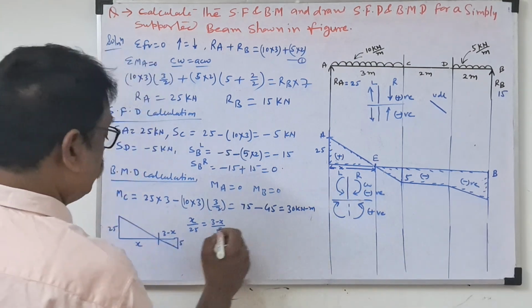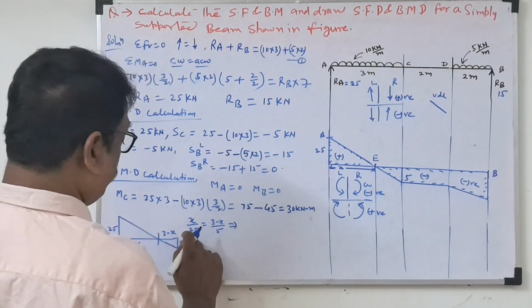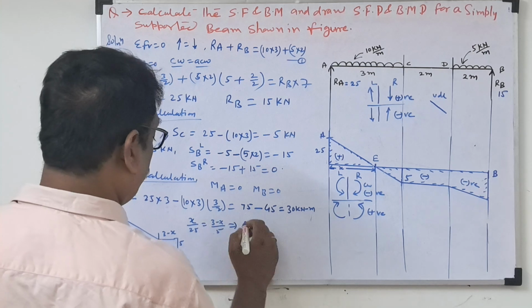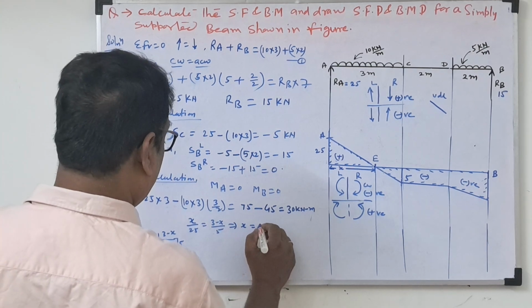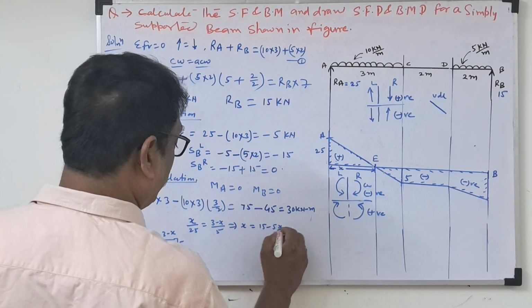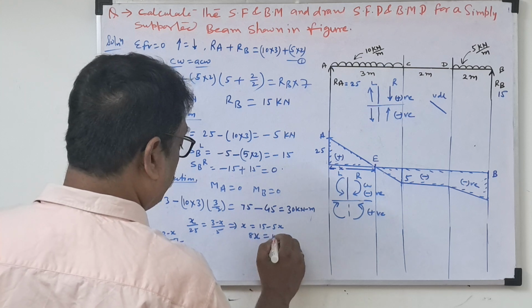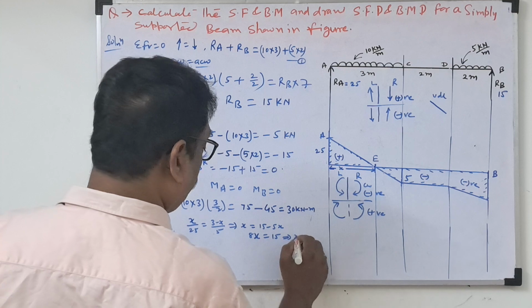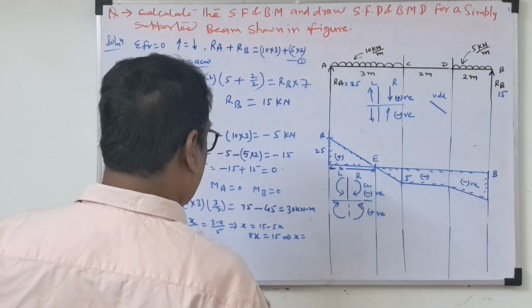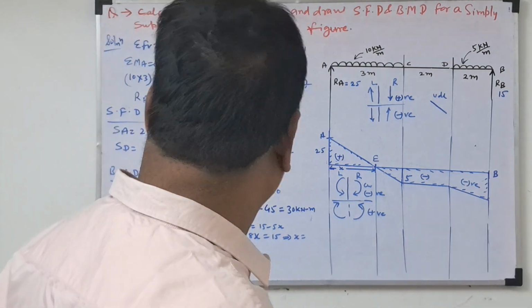If we calculate, what can we write? 5x equal to 25 into (3 minus x), so x equal to 15 minus 5x. So 6x equal to 15.